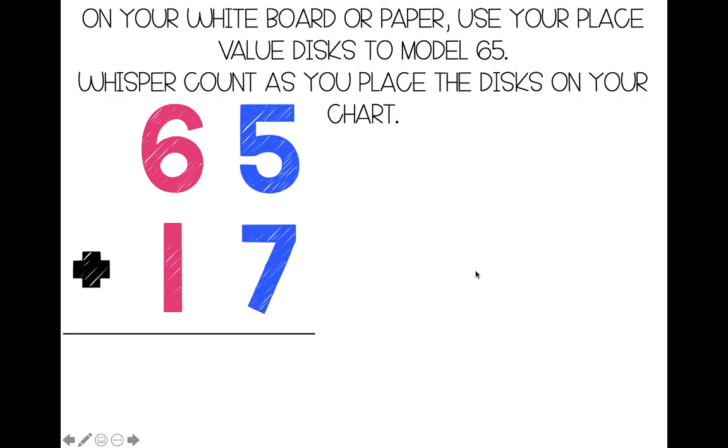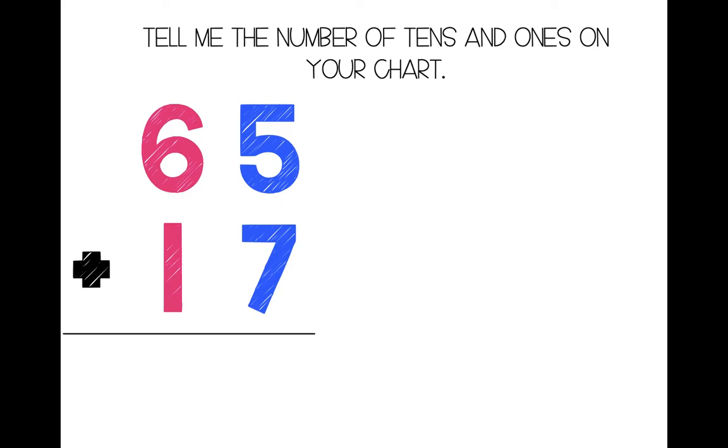As you are drawing your place value discs to model 65, make sure you're whisper counting as you draw those discs on your chart. Did you draw 6 tens and 5 ones on your place value chart? Great job! 6 tens and 5 ones should be on our place value chart.